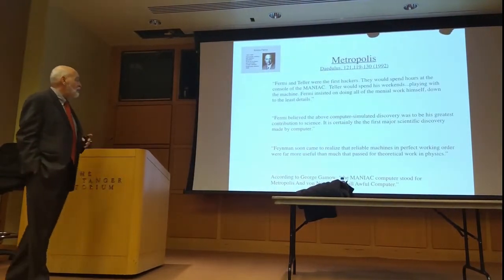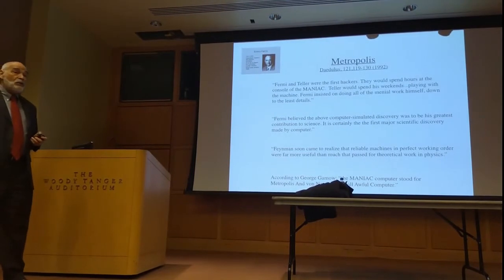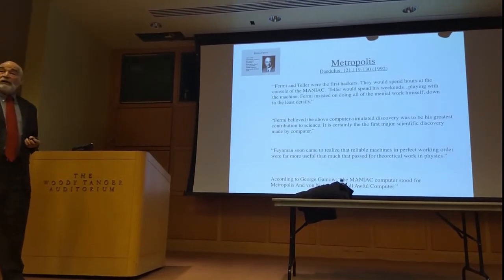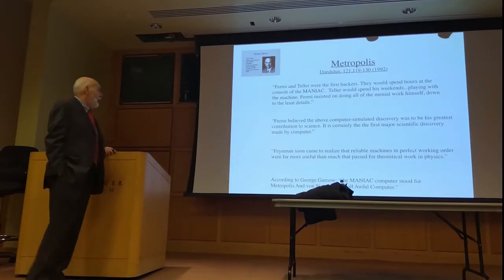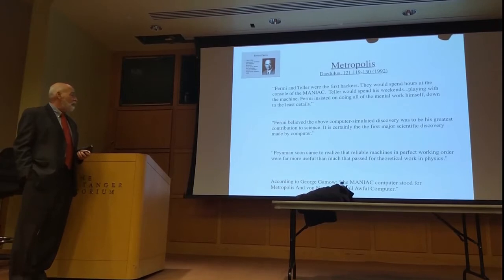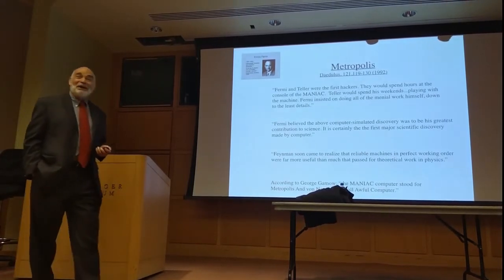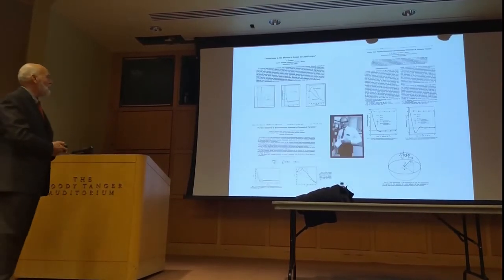But back then it was this. It was very interesting to see that Feynman and the physicists were very keen on using computers to solve scientific problems. According to George Gamow, the MANIAC computer stood for Metropolis and von Neumann and so on. Yeah, that was also in this Daedalus article, which is very interesting.